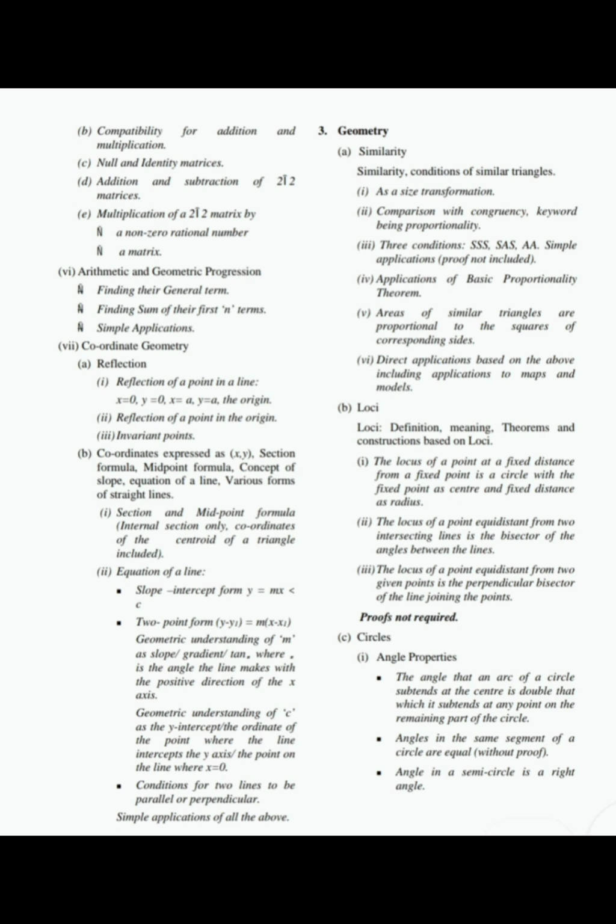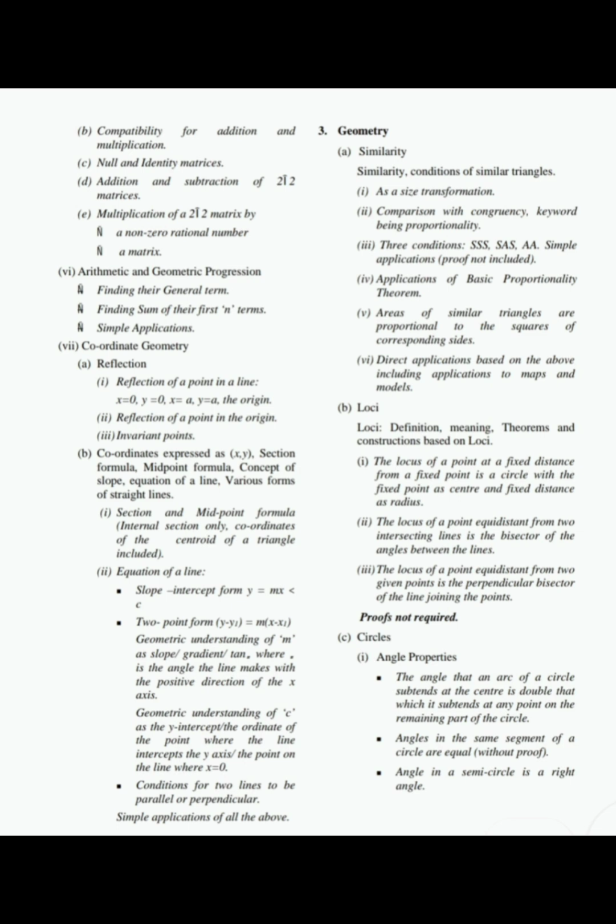Equation of a line. Slope intercept form: y is equal to mx plus c. Two point form: y minus y1 is equal to (y2 minus y1)/(x2 minus x1) into (x minus x1). Geometric understanding of m as slope or gradient, tan theta, where theta is the angle the line makes with the positive direction of the x-axis.